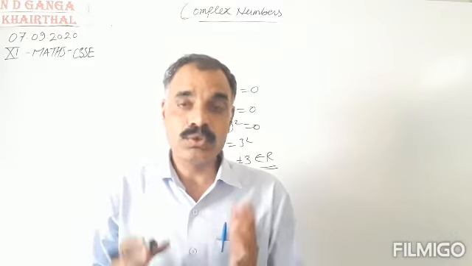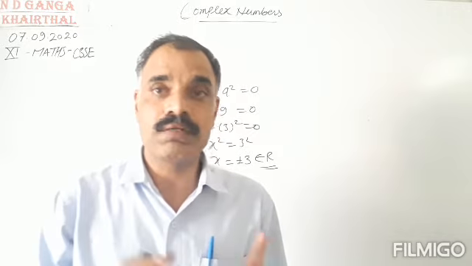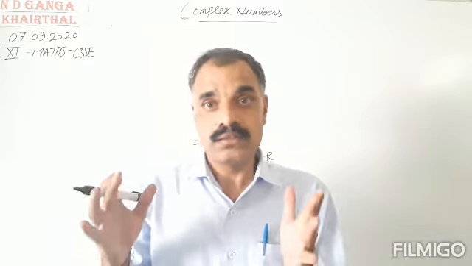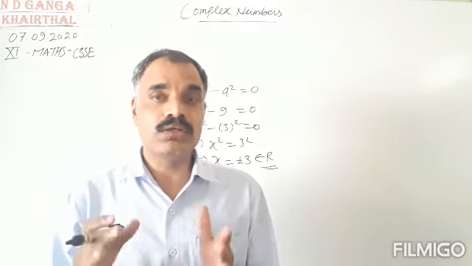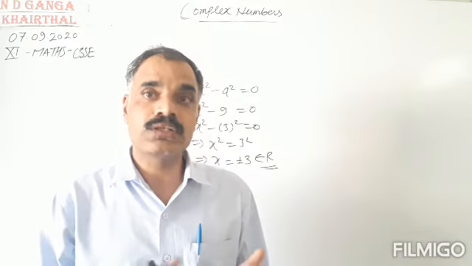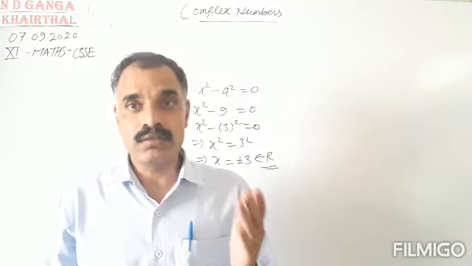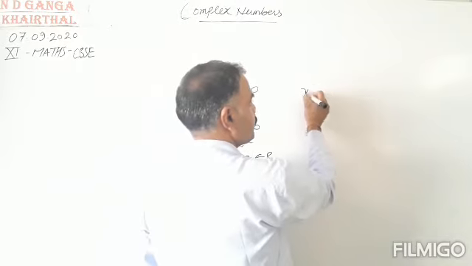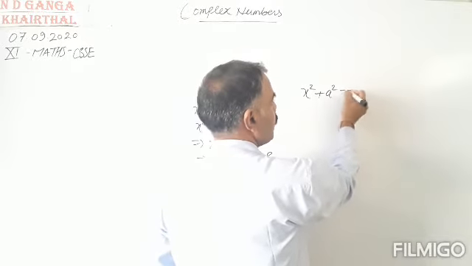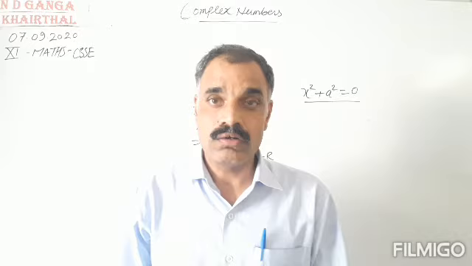but some of the equations are there whose solution does not exist in the set of real numbers. Some of the equations do not have a solution in the set of real numbers, they are not solvable in the set of real numbers, and such equations are like x square plus a square equals 0.